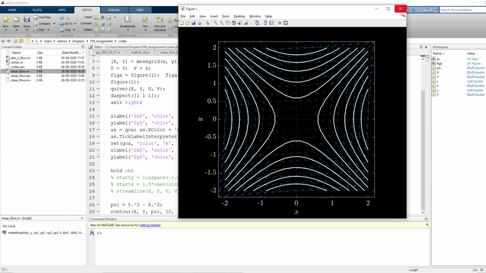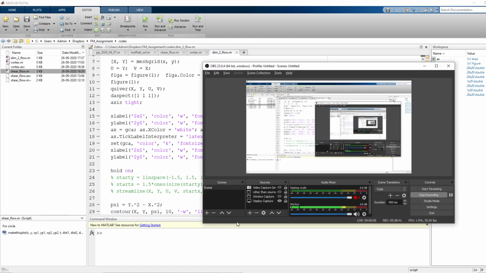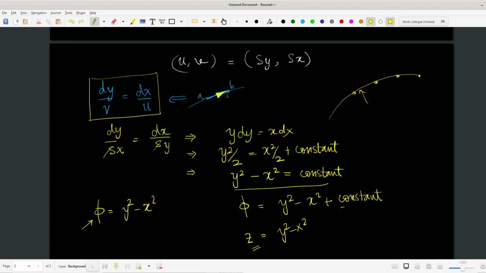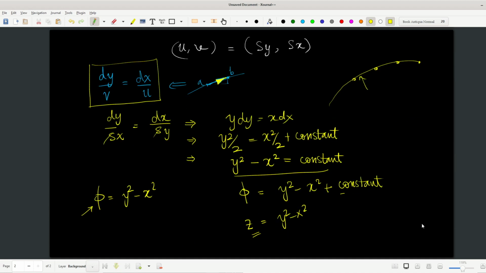Right. So now let's move on to the next part of the question, which is the component of the strain tensor. Actually, we want to find the components of both the rotation tensor and the strain tensor.